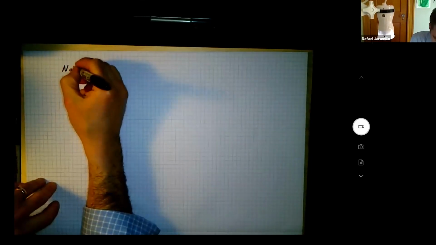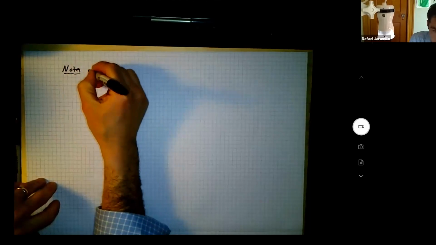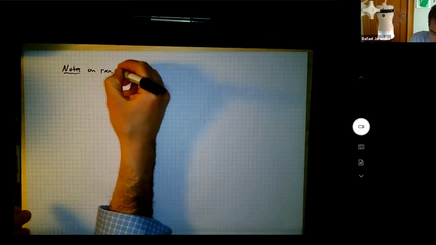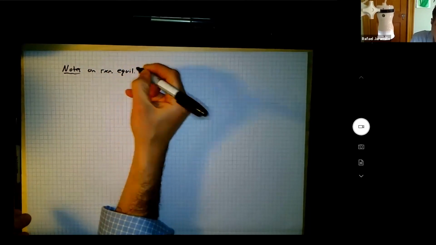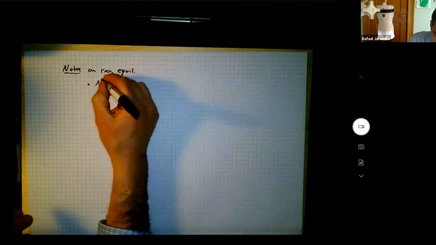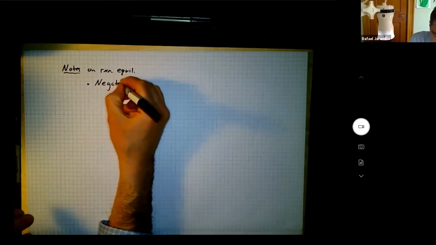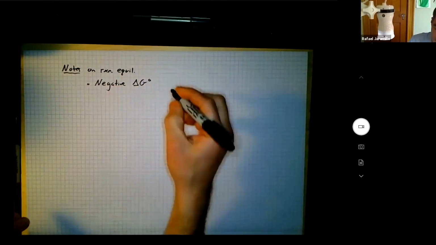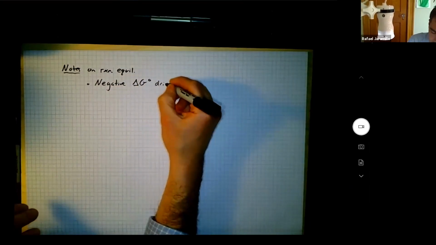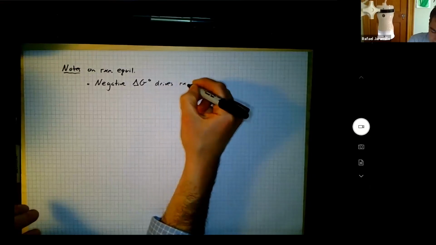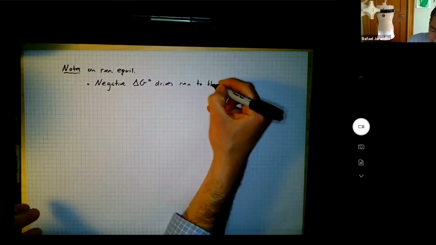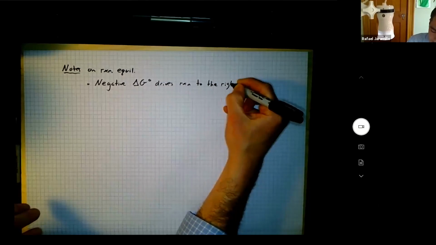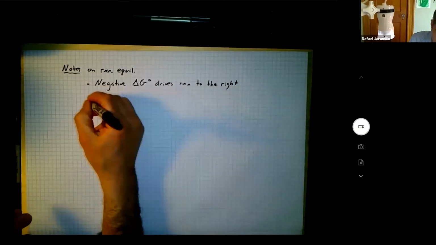All right, let me move on. At risk of repeating myself, notes on reaction equilibrium. A negative delta G naught drives reaction to the right. That's a straightforward point.